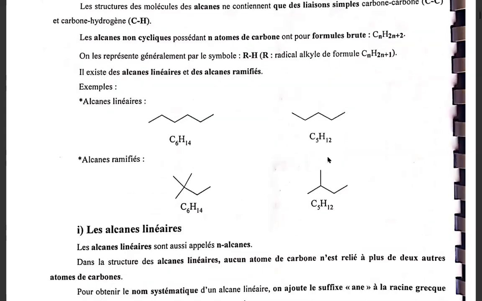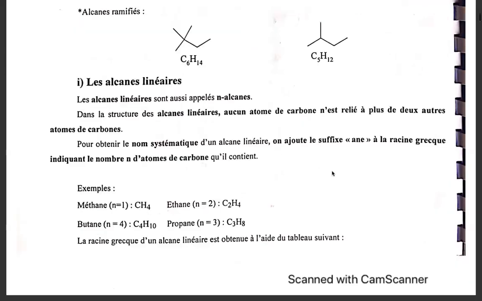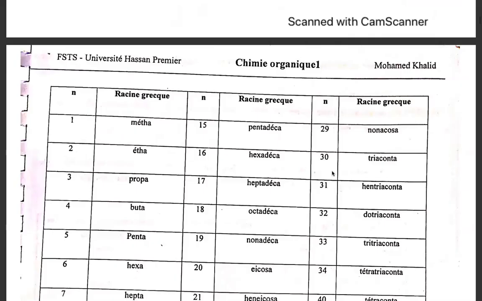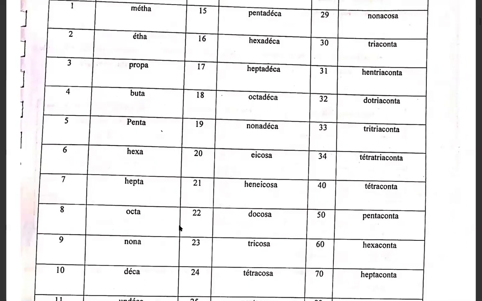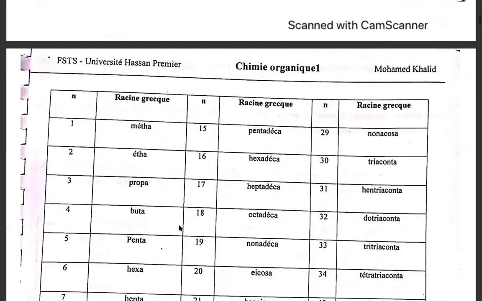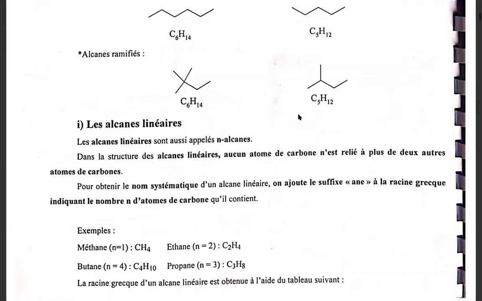So the suffix that we are going to include for this radical here, because this is only one carbon atom, from this table here, we have methane, ethane, propane, butane, penta, hexa, hepta, octa, nona, deca, unideca, all those. We remove the suffix ane and replace it with yle.